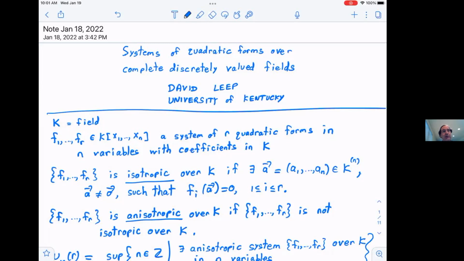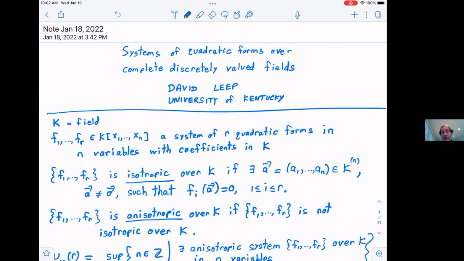A more difficult theorem to prove is a quadratic form with coefficients in an algebraic number field. Let's just say the rational numbers. A quadratic form with coefficients in the rational numbers has a non-trivial zero as long as the number of variables is at least 5 and the quadratic form is indefinite. That is, has a real solution.